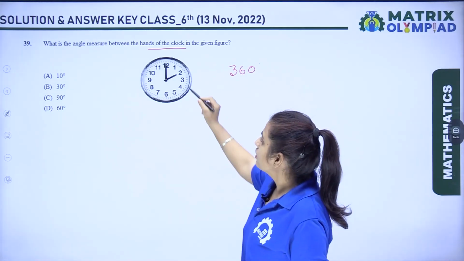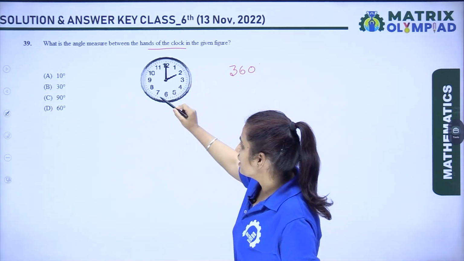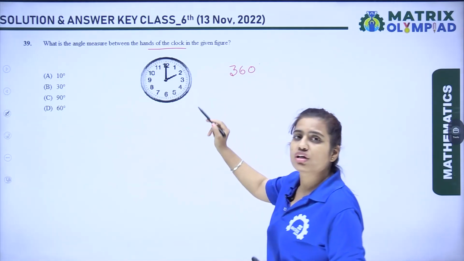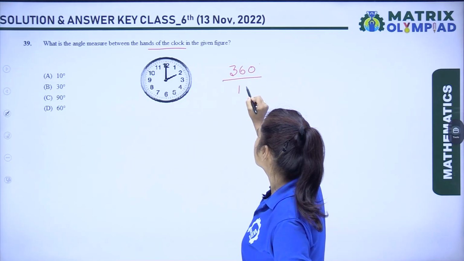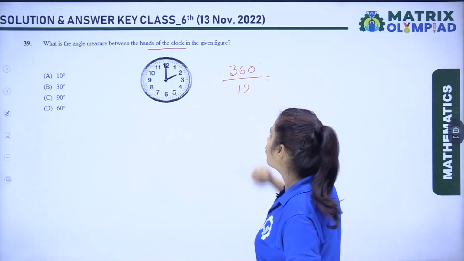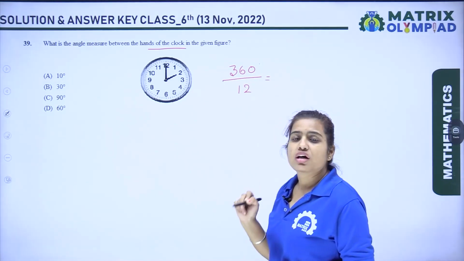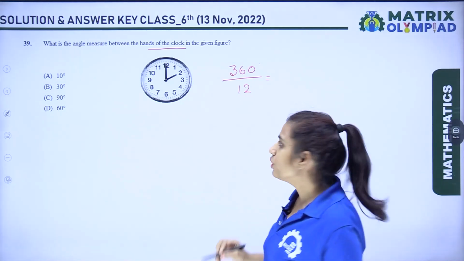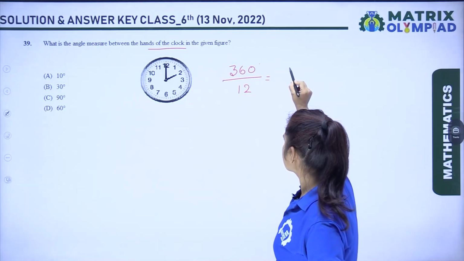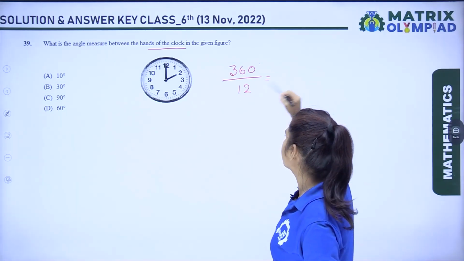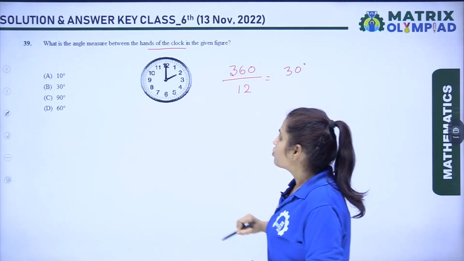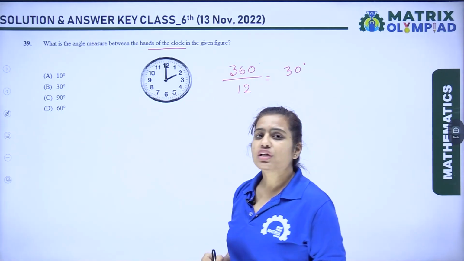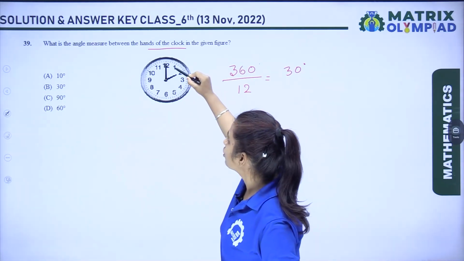Now, here we can see that in a clock there are 12 divisions. So, we are going to divide 360 by 12 to obtain the angle between two divisions. Now, here 360 divided by 12 is 30 degrees. So, 30 degrees is the angular distance between two numbers.